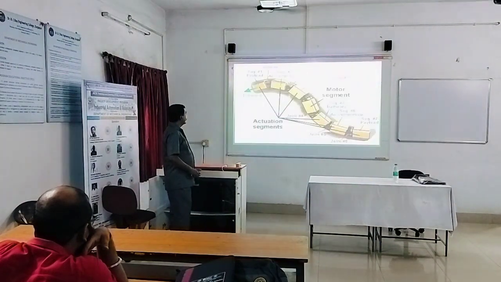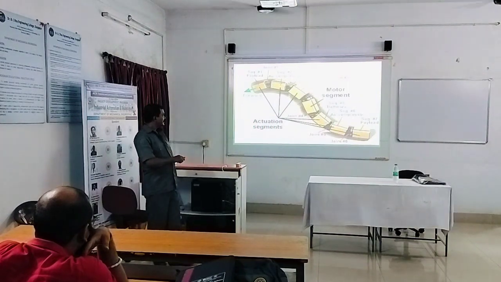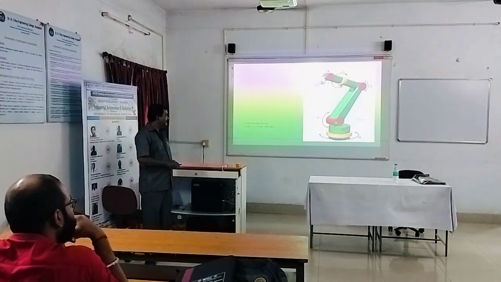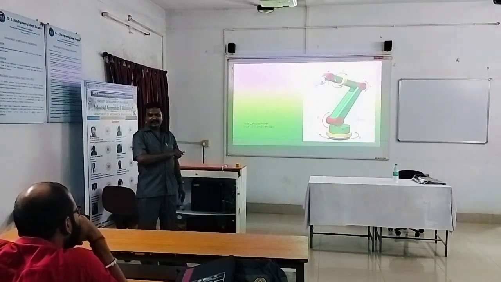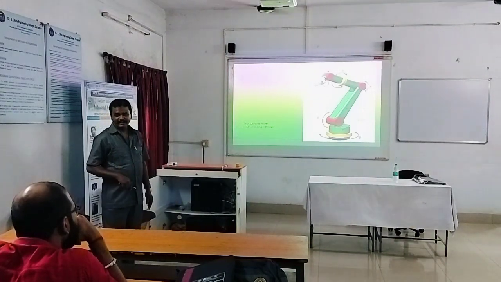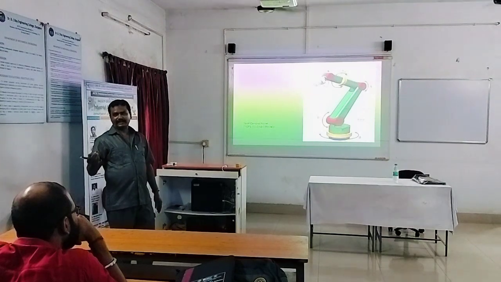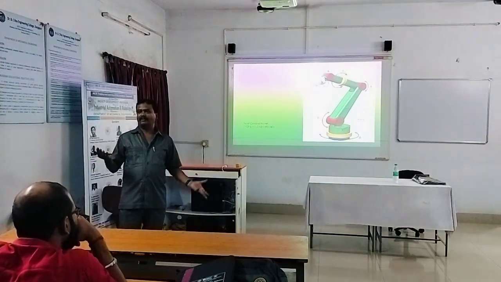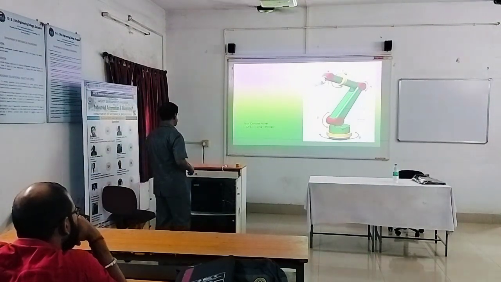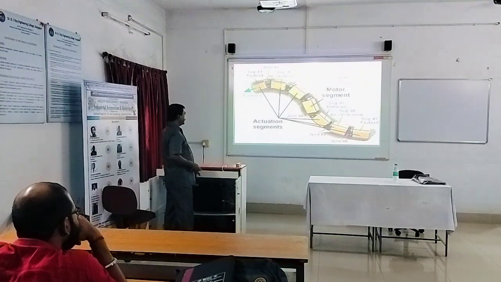The same thing. Here you see the number of links and joints are limited. But in an elephant trunk, how many joints and how many links are there? Basically, we do not know. That's why it is called redundant.